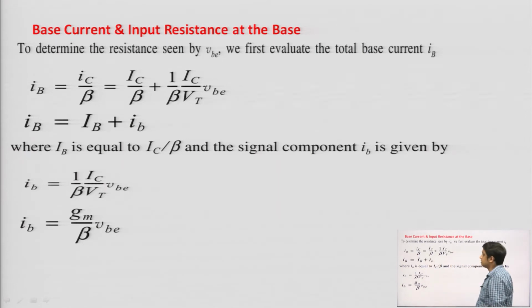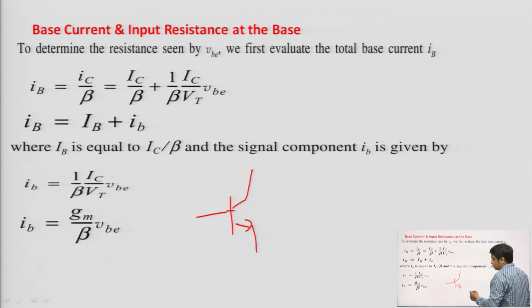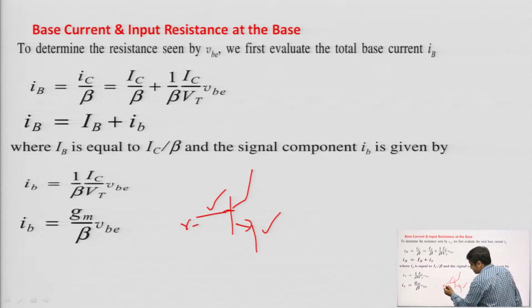Next, we have to calculate two important terms in BJT. This is your BJT. Now, see here, there is some internal resistance at the base terminal and at the emitter terminal. When we see the resistance at the base, that resistance is called r pi.